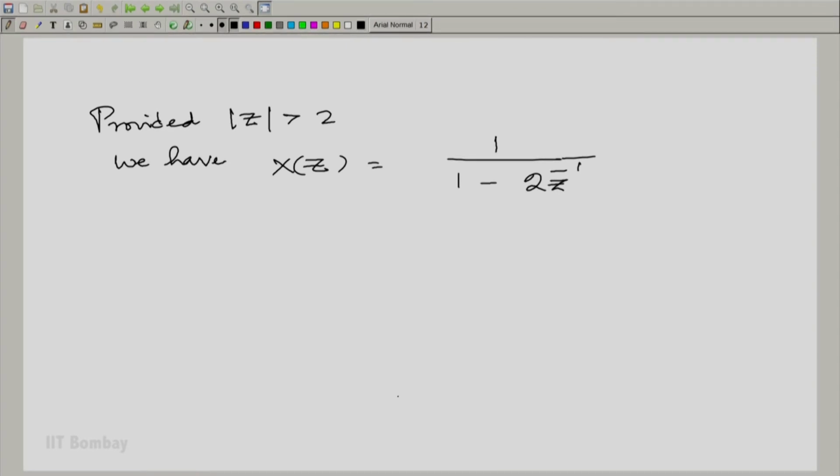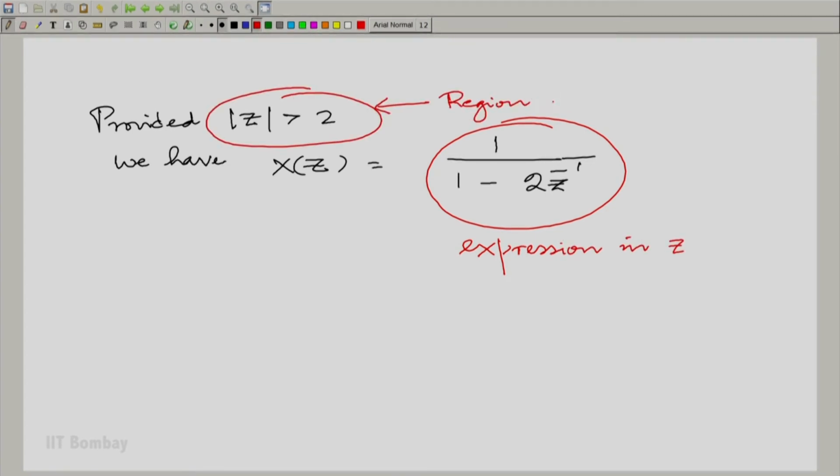So, in fact, this in total is the Z transform. The Z transform now needs to be specified both with an expression in Z and a region of convergence in the Z plane.